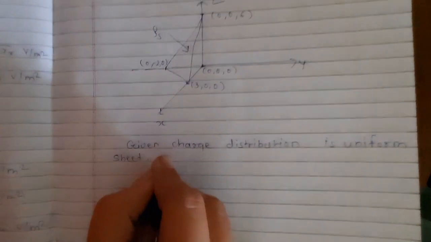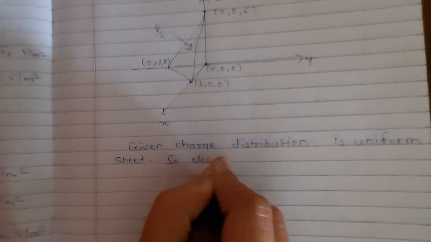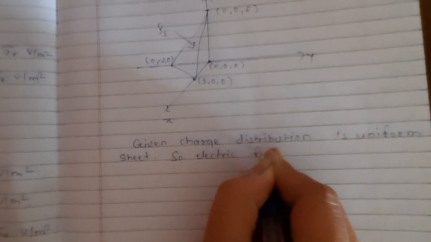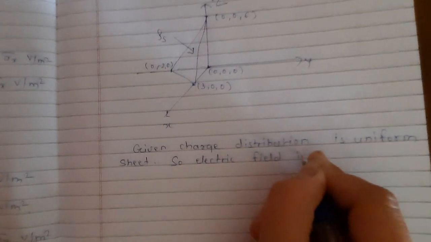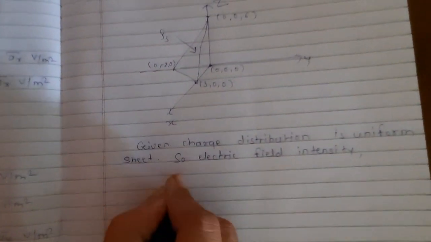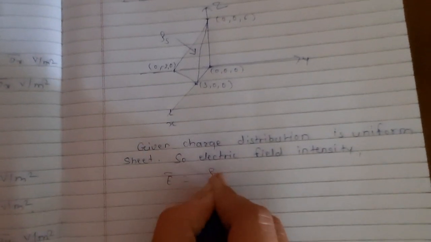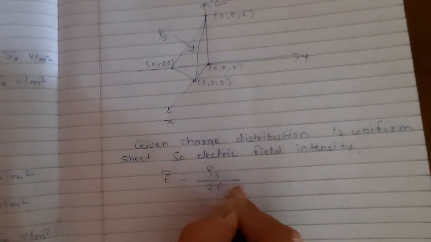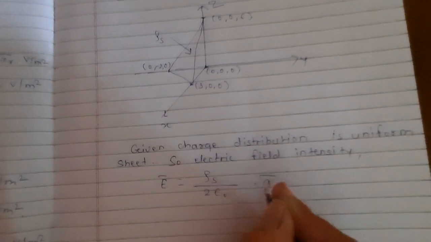So the electric field intensity is given by E bar is equal to rho s upon 2 epsilon 0 times AN bar.